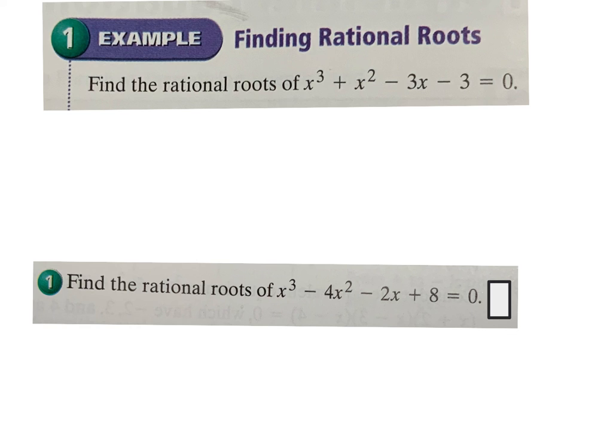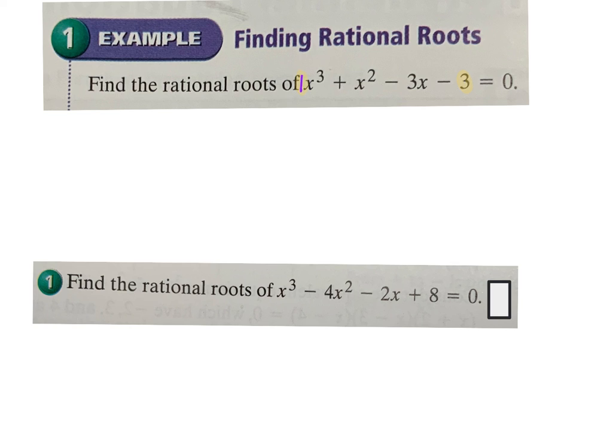So let's look at the first example. Find the rational roots of x cubed plus x squared minus 3x minus 3 equals 0. So the first step here, it says, is to list the possible roots. What is possible for this to have as a root? Well, I'm going to look at my last term, my constant, and I'm going to look at my leading coefficient, which in this case is a 1.